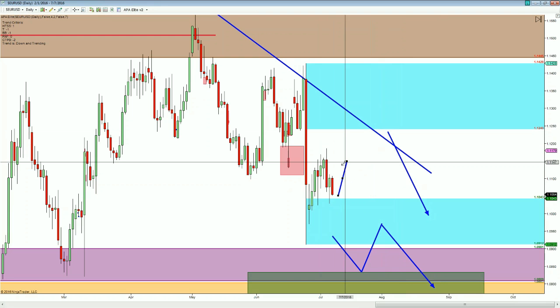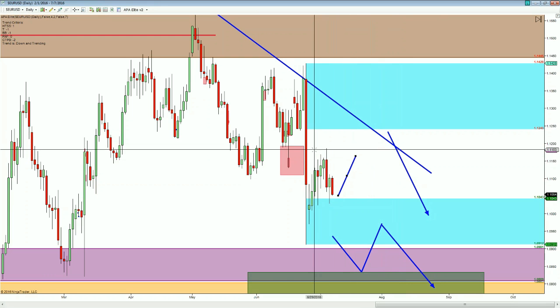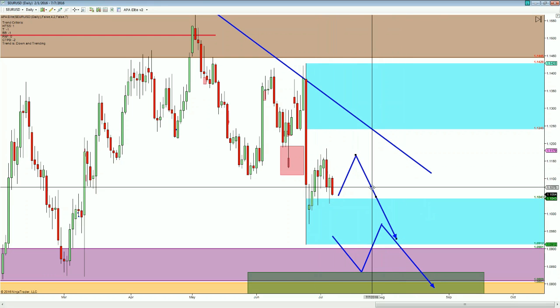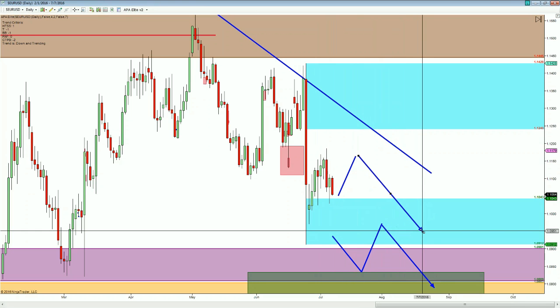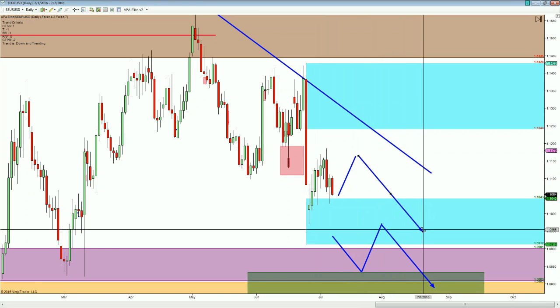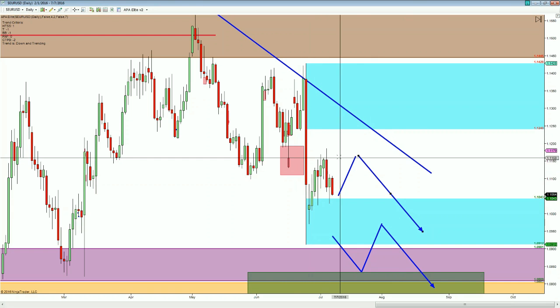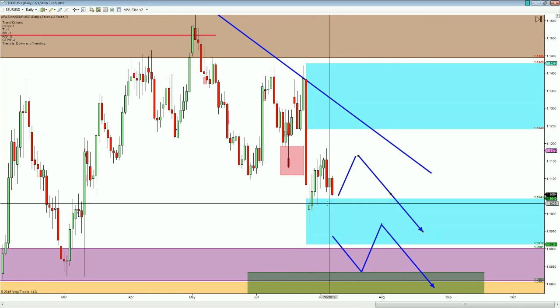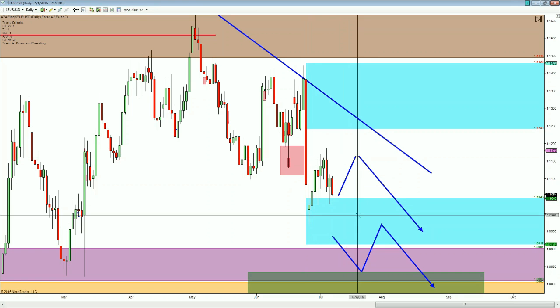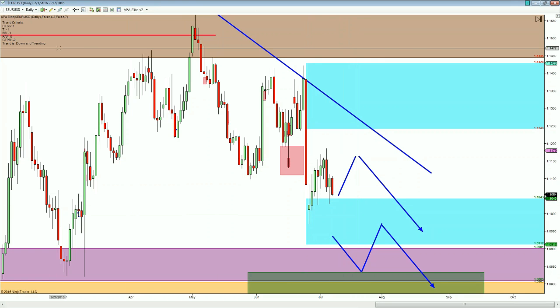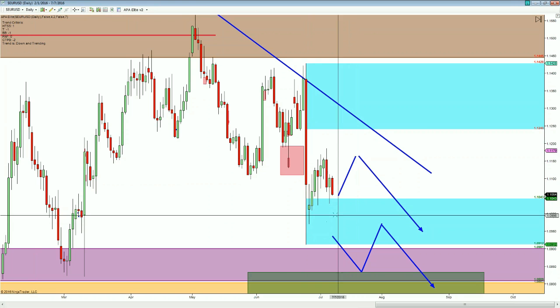The other possibility is that this area right in here could turn into a level. Okay, so I'm still kind of a wait and see on this market right now, just because, let's face it, we're still inside of that big, huge candle with no for sure signs of direction, but the overall trend idea of this market is down.